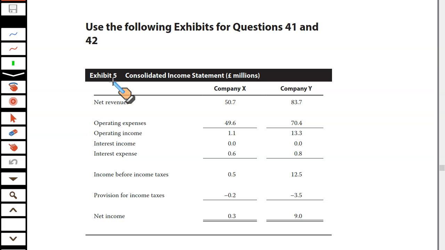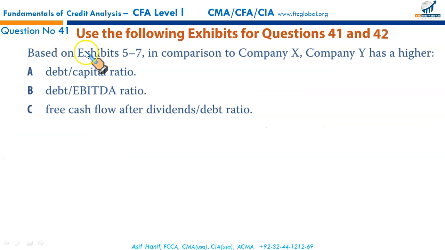Let's see the requirement. Based on exhibits 5, 6 and 7, in comparison to company X, company Y has a higher debt to capital, debt to EBITDA, or free cash flow after dividends upon debt ratio. So we will calculate all these for both companies X and Y, and then we will see through a matrix here which of these is the right option. So let's do it.